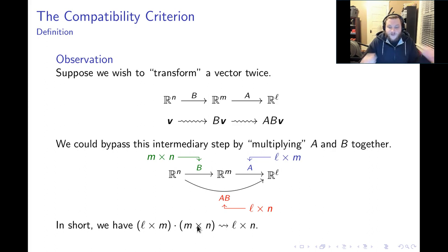And then once we do multiply those two matrices together, again with a formula that we'll develop in a moment, the result should be a new matrix. The number of rows of the new matrix is the same as the number of rows of the matrix we're multiplying on the left by. And the number of columns of the new matrix is the same as the number of columns of the matrix we're multiplying on the right by.